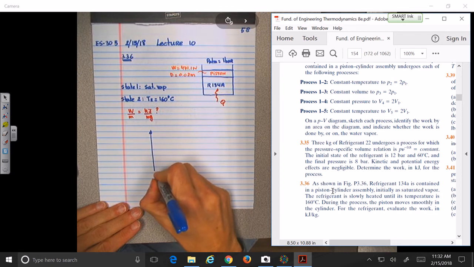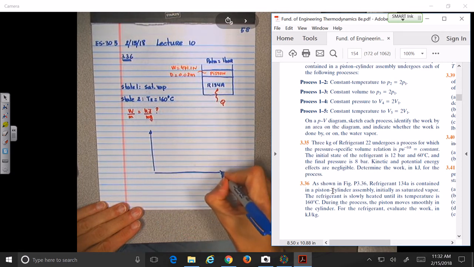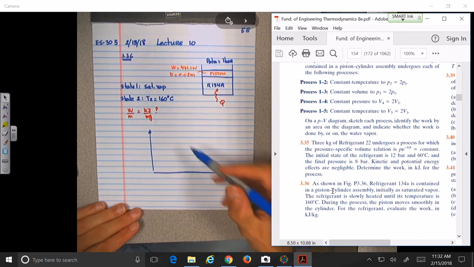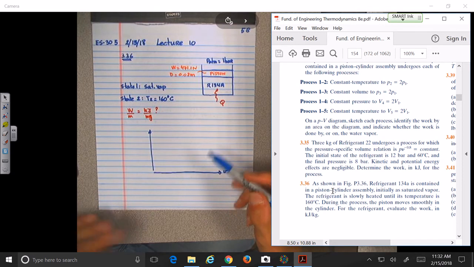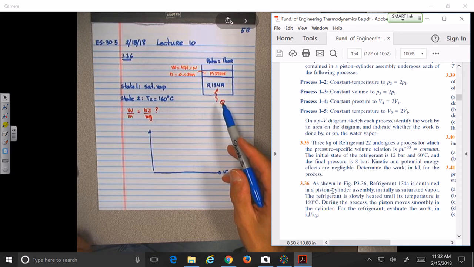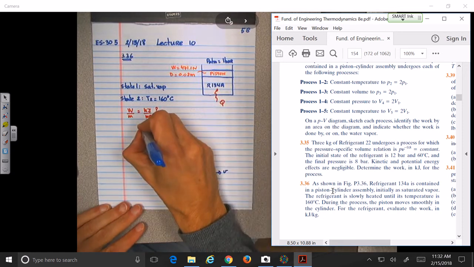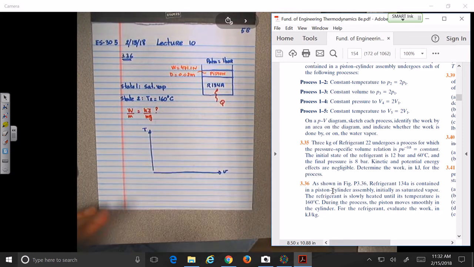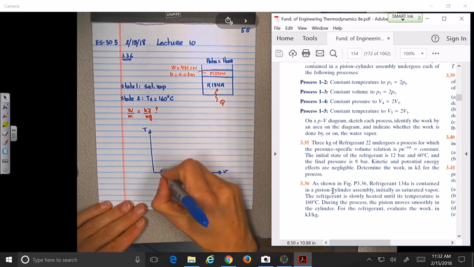Draw a figure. So you always have the choice between PV or TV. Which one do you want to do? It's a piston, so what is going to be constant in the piston? Pressure. Sometimes it's better to do the TV, but you can do the other one. It's not a big deal at all.